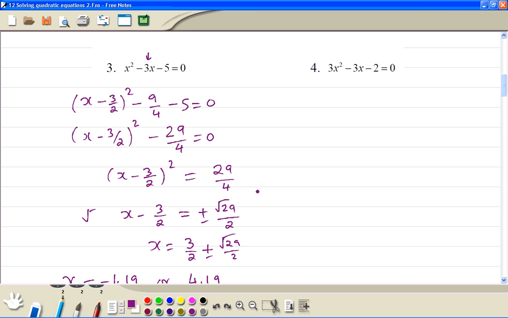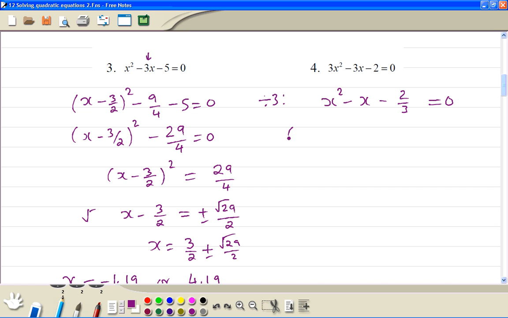Number 4. Because we've got a coefficient of x squared other than 1, we can just get rid of it. Divide the whole equation by 3. So we get x squared minus 1x minus 2/3 equal to 0.